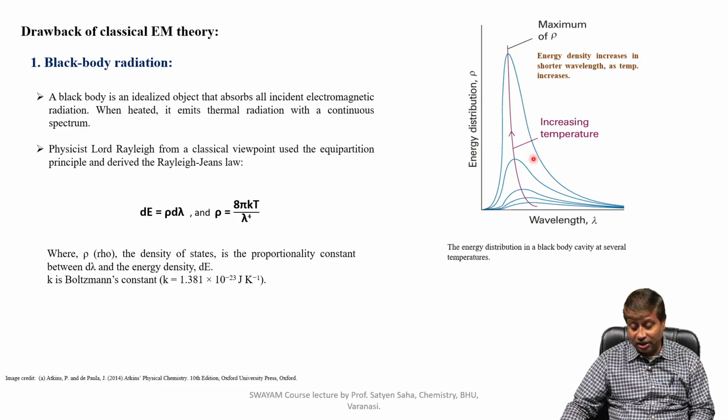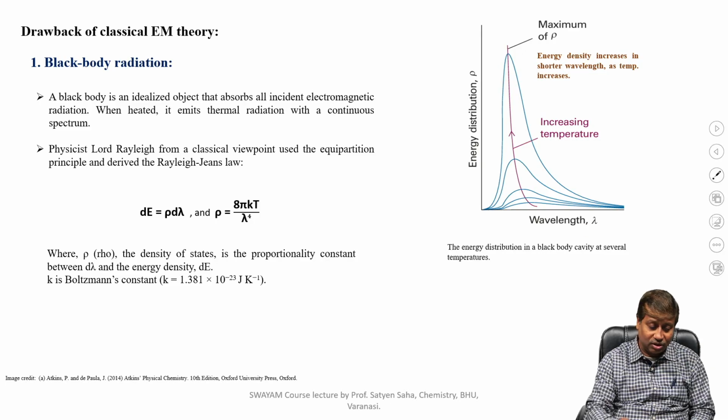That pink color, this violet color, shows this. If you decrease the wavelength, then since it is lambda to the power 4, there should be a huge increase, that is called the UV catastrophe. So, this violet curve should go exponentially in the shorter wavelength region.